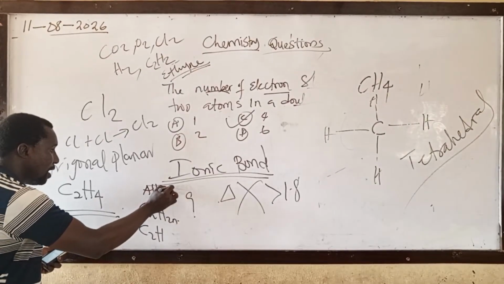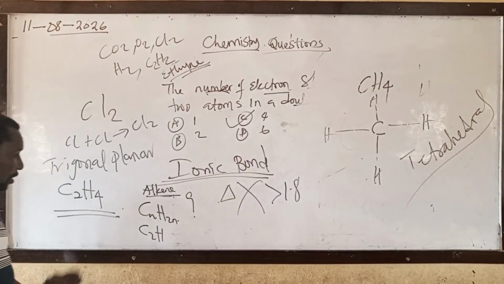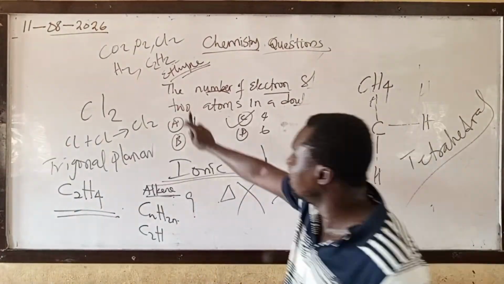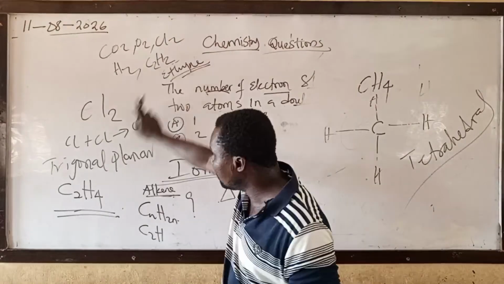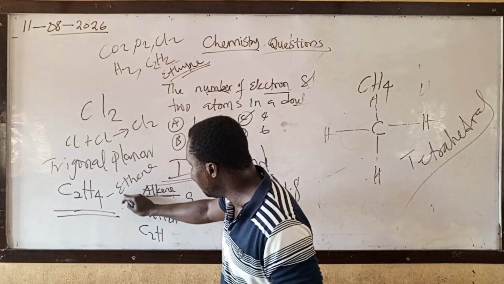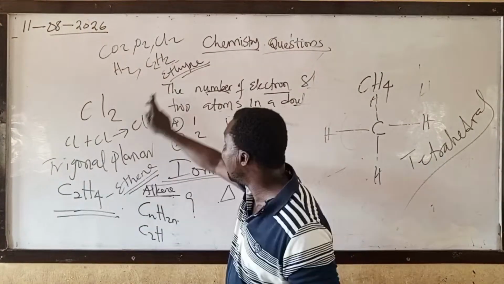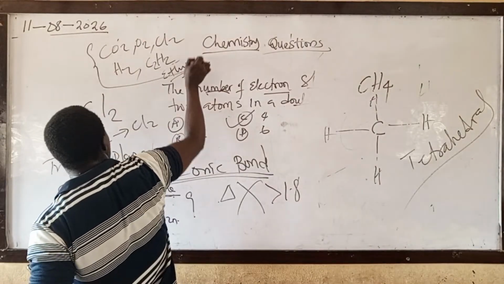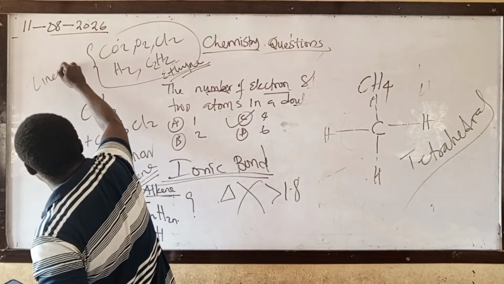Alkene, yes, I'm right. Alkene. C2H4 is trigonal planar in shape. This is ethyne, C2H2. Ethyne is linear. All these are linear in shape.